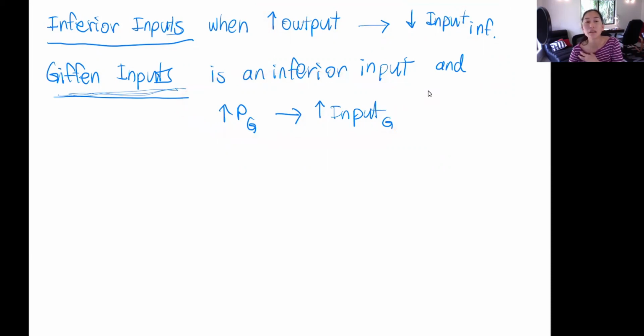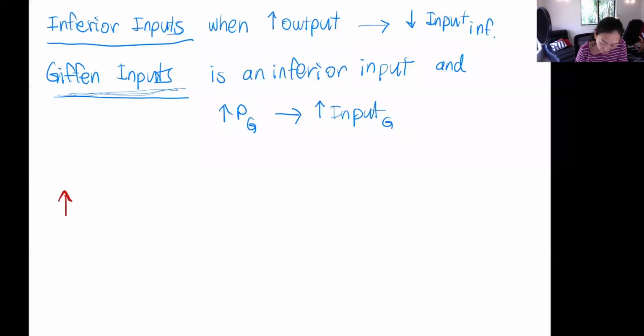So now we're going to say that actually this given input doesn't exist. So let's start with this. When the price of the given input increases, there would be two effects, in the sense that this is an input market.